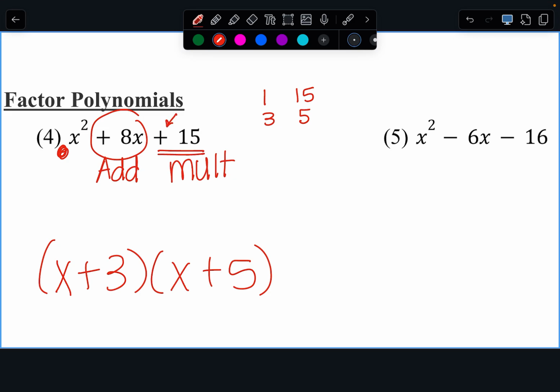When this is positive, it means you're going to have the same sign for both of your factors. And the only way to add 2 numbers together to get to a positive is if they're both positive. So that's how we know it's a positive 3 and a positive 5. Does that kind of make sense?